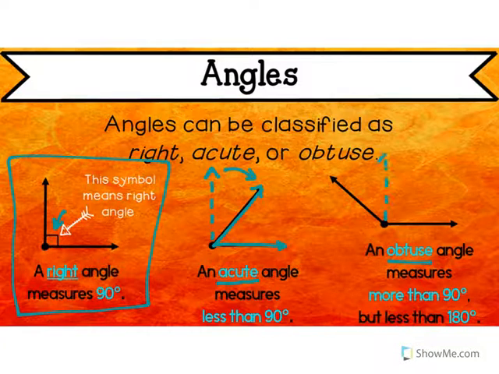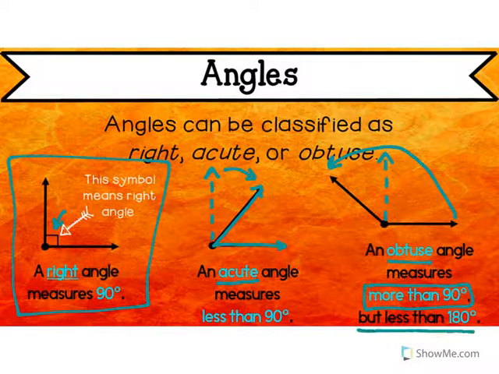So see, my 90 degrees would have been here before, but it went further, to the left of the 90 degrees. So that means it's more than 90 degrees, but still less than 180. Remember, 180 degrees would be the whole straight line.